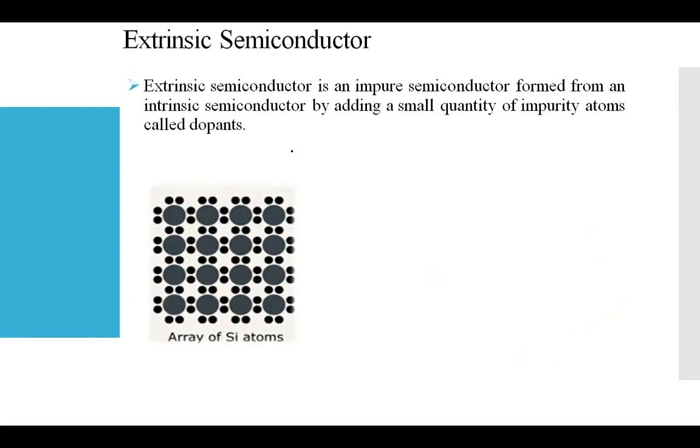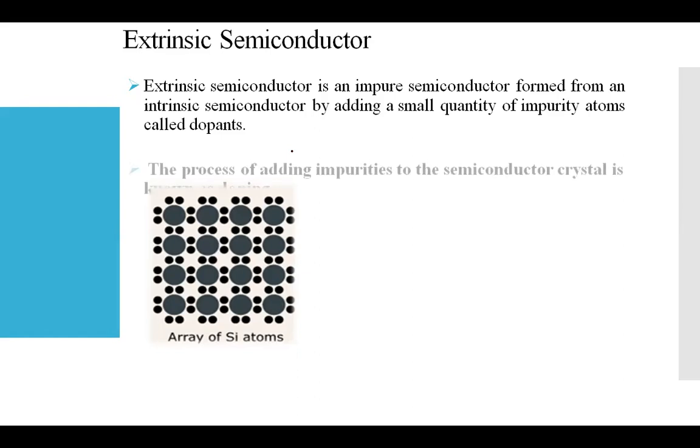The first sentence says the extrinsic semiconductor is an impure semiconductor, formed from the intrinsic semiconductor material by adding a small quantity of impurity atoms, which we call the dopant. As we discussed, the intrinsic semiconductor is a pure material. But if we add some impurities to the intrinsic semiconductor, then we call it the extrinsic semiconductor material, and the impurity is called the dopant.